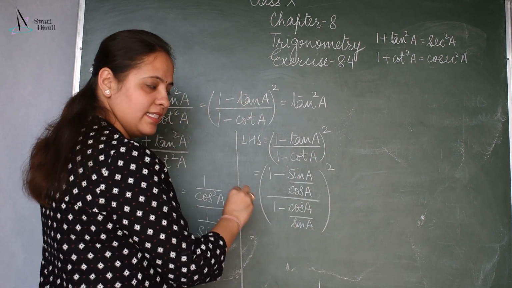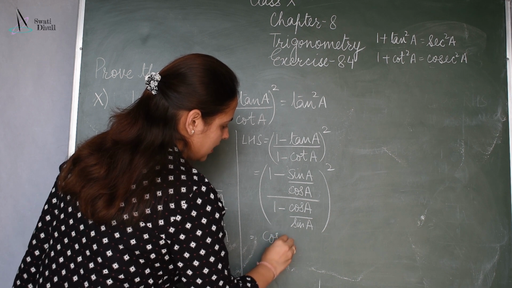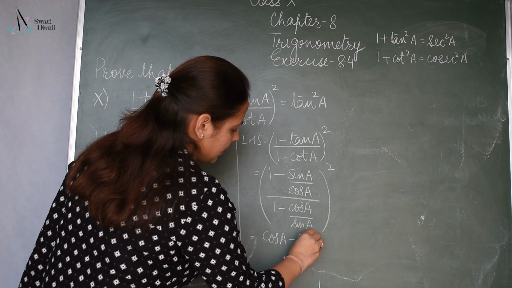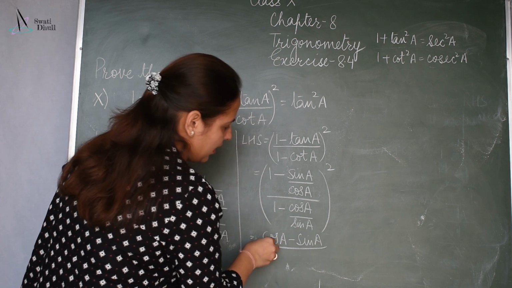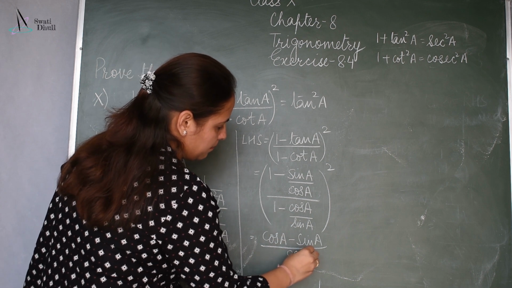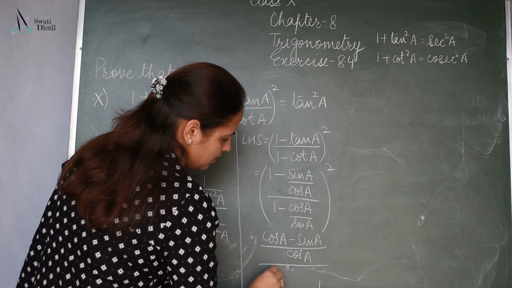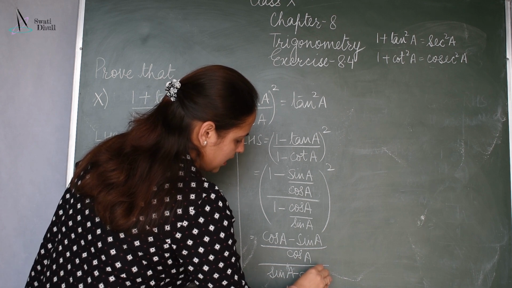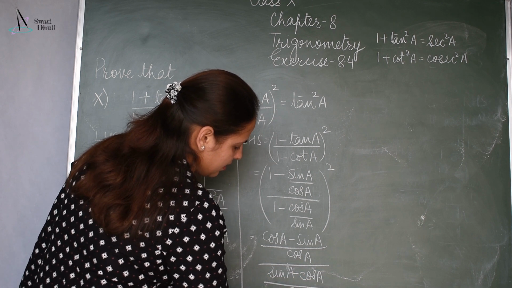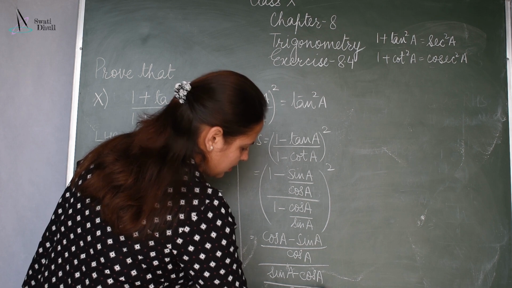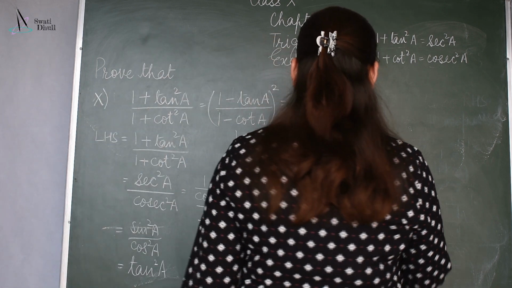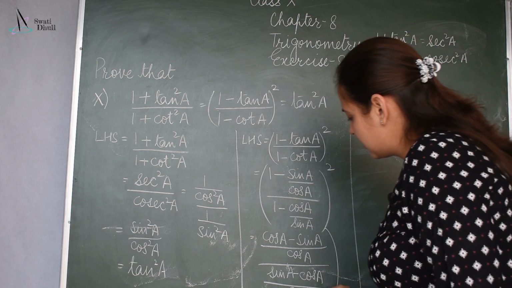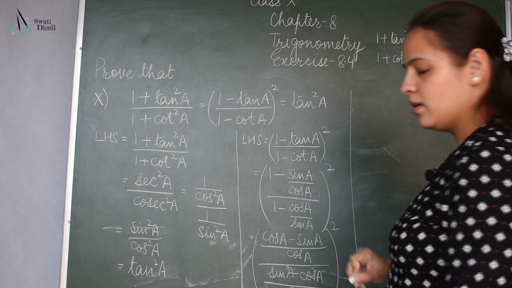Now I will take LCM. So what will I get? Cos A minus sine A divided by cos A, and here sine A minus cos A divided by sine A. Now see here, and this is a whole square.